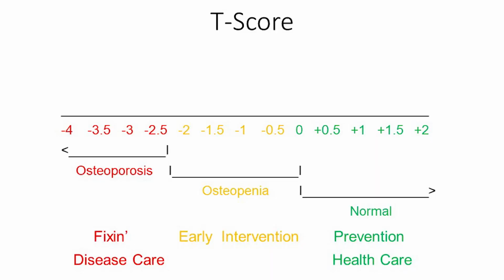So the FRAX risk assessment tool is for purposes of determining not if you have osteoporosis, but if you are eligible for treatment for osteoporosis. There's a big difference. For instance, your pap smear tells you if you have abnormal cells on your cervix, and if you do, you can have them treated early so that they never ever become cervical cancer.